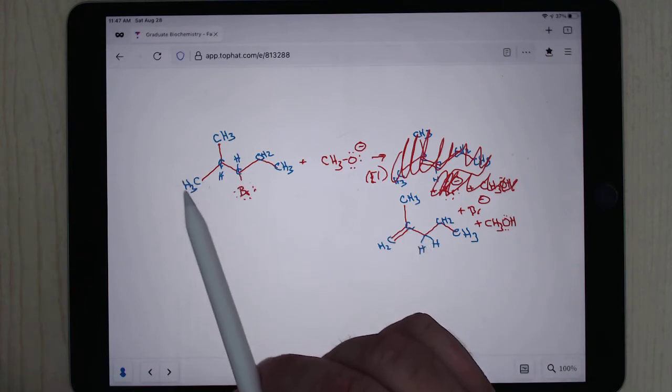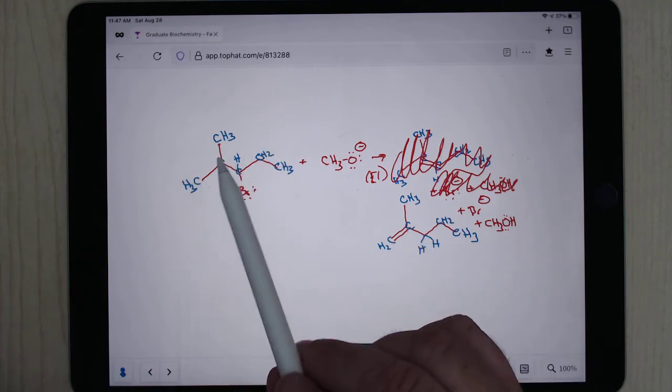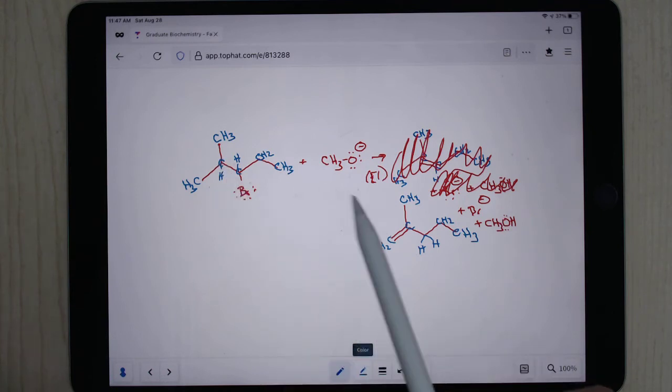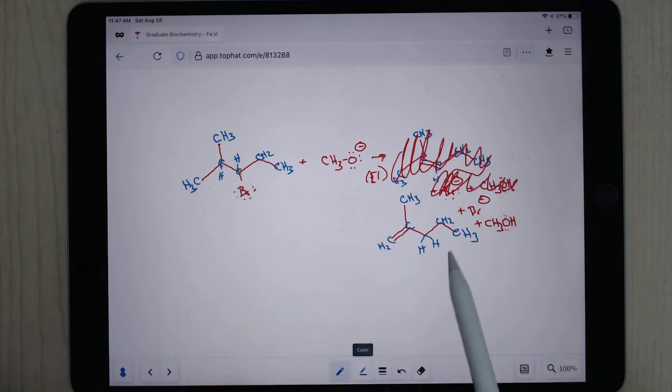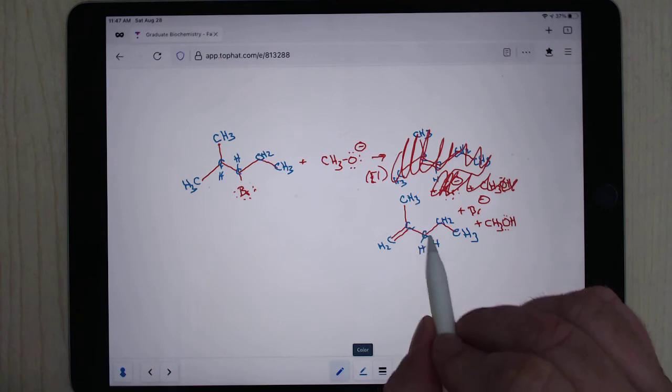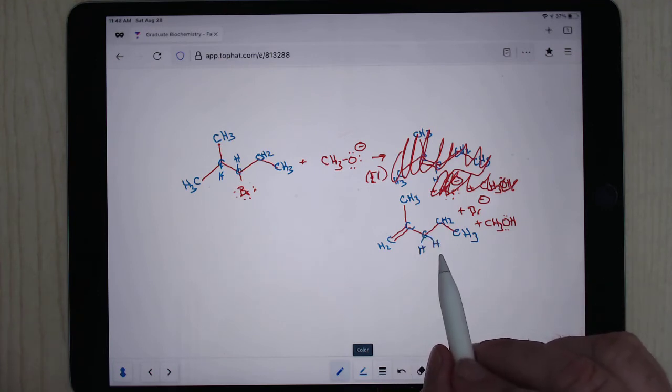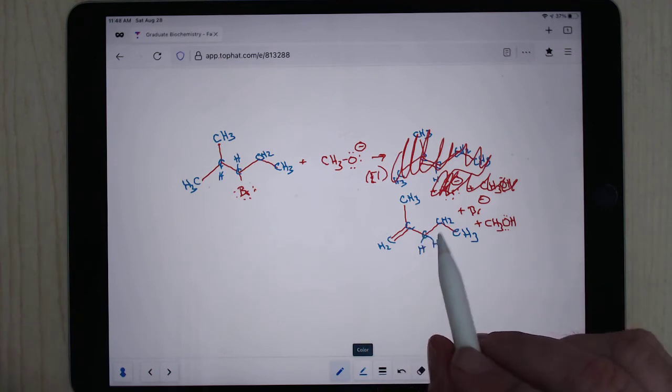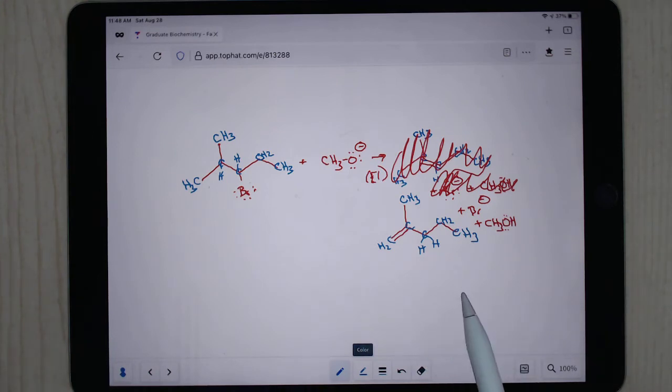Notice how we lost a hydrogen here. We've lost a hydrogen here. However, here on this carbon, we've actually added a hydrogen. That seems weird for an elimination reaction, but okay, we'll go with this. So that means something has to have moved.